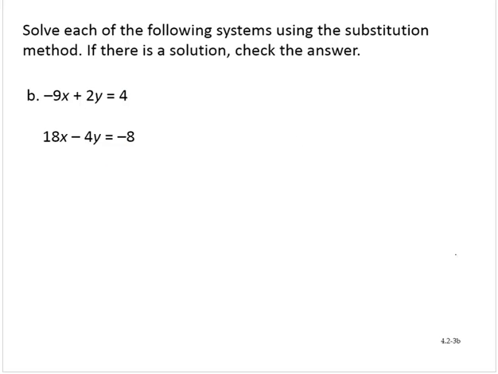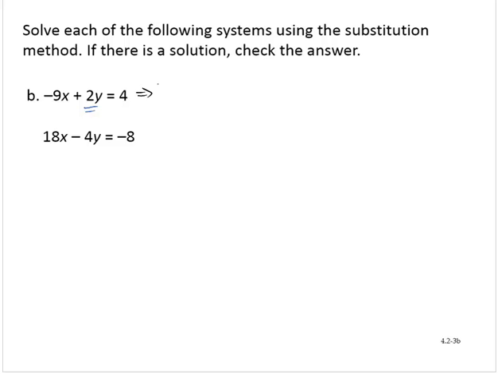Now we have negative 9x plus 2y equals 4, and 18x minus 4y equals negative 8. Alright, so I don't see any variable isolated. None of them look particularly easy to isolate, but I'm going to isolate the y variable in the first equation and use that for substitution.